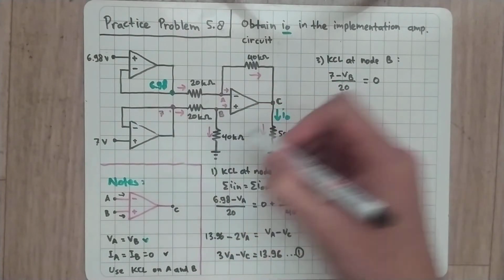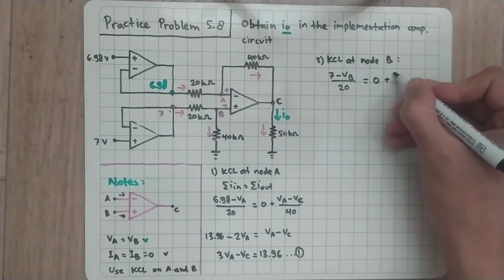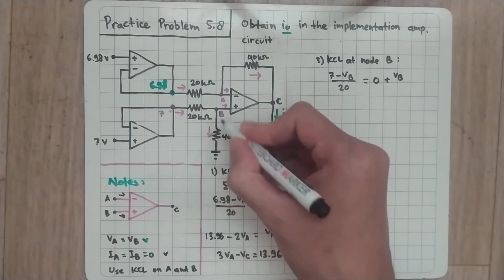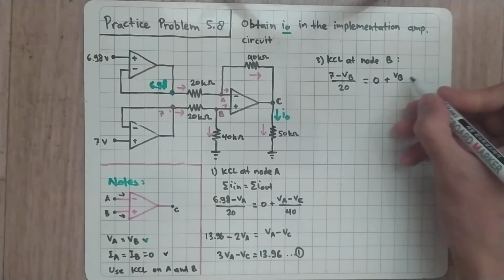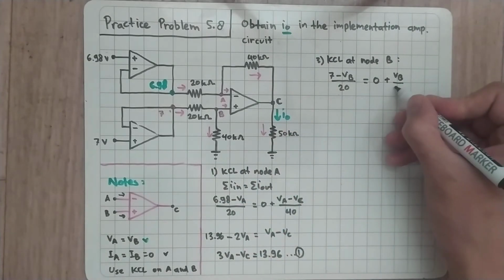And then this current is going out, so that is VB minus 0, because this is the ground, divided by 40.